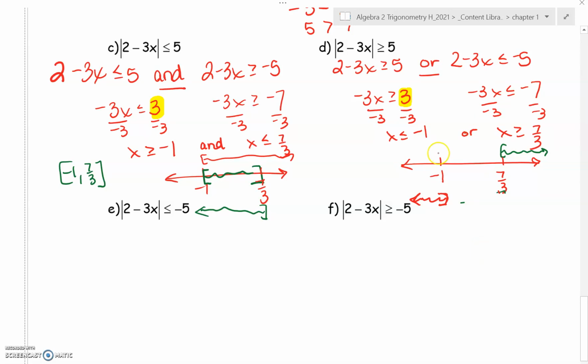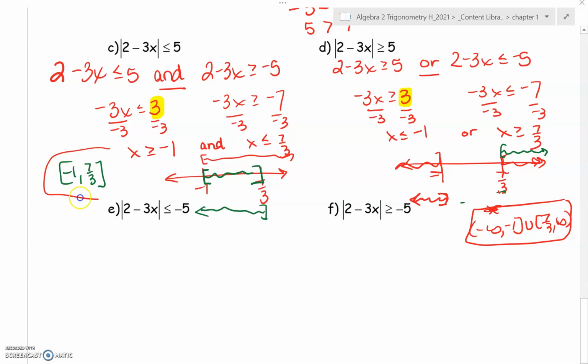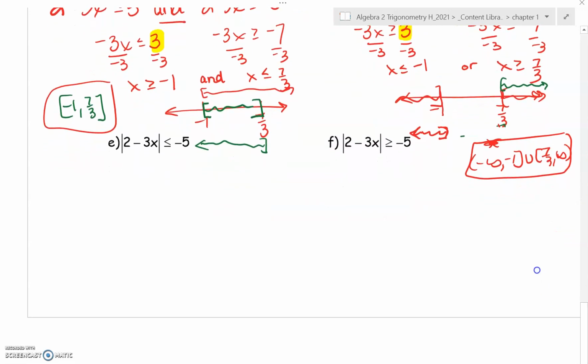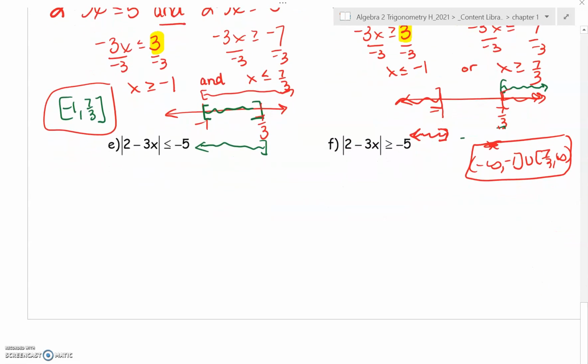Well, I see red or green, and you'd say negative infinity to negative 1 and 7/3 to infinity. That's where you see red or green. So notice we have 2 different answers. One was an and, one was an or. Okay, so let's go ahead and take a look at the last 2 questions.